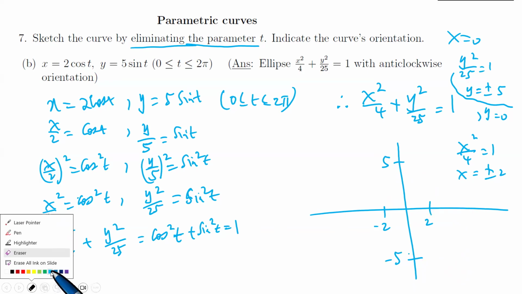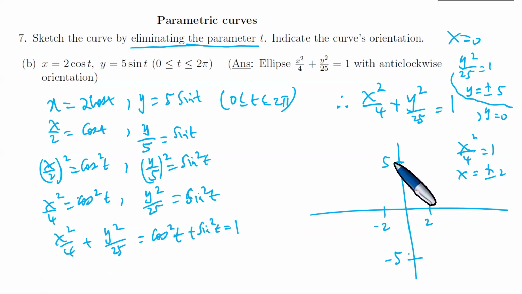You can draw it properly, and try to draw it nicely. You can draw it beautifully.